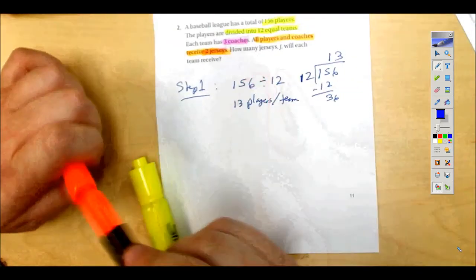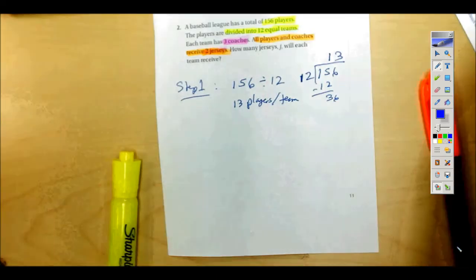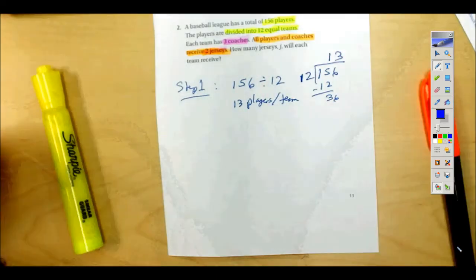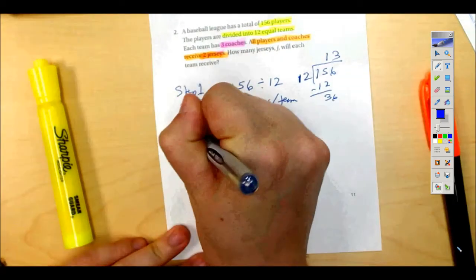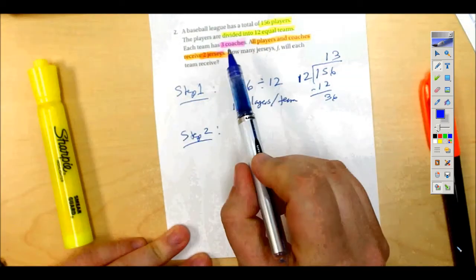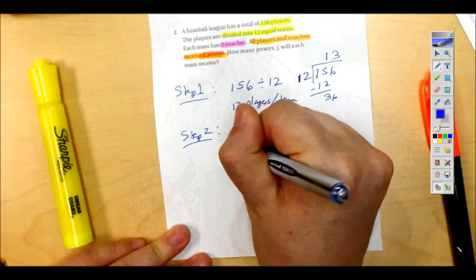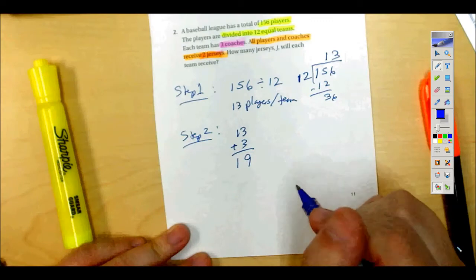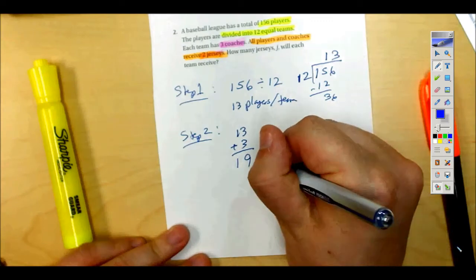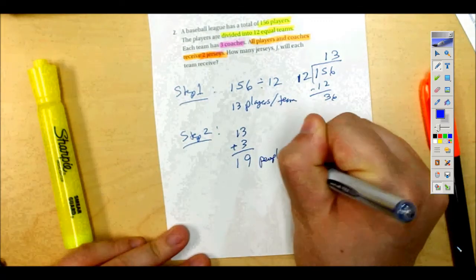How many will each team receive? So I need to know how many t-shirts are on one team. Well, we figured out how many players are on one team. And we know how many coaches are on one team, so we add these together. So there's 19 people per team.